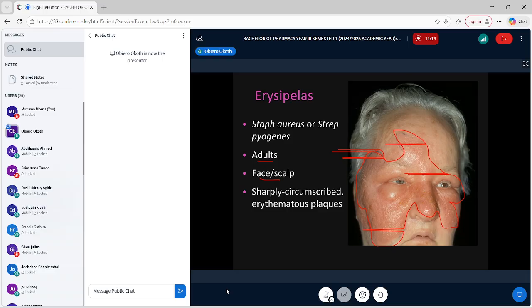It's red and raised more than 5 millimeters, so the term we use is a plaque. This is erysipelas.